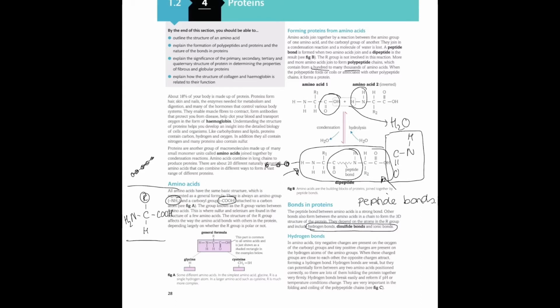Hydrogen bonds. In amino acids, tiny negative charges are present on the oxygen of the carboxyl groups, and tiny positive charges are present on the hydrogen atoms of the amino group. Because remember, we have delta negative and delta positive, because we said oxygen is electronegative.